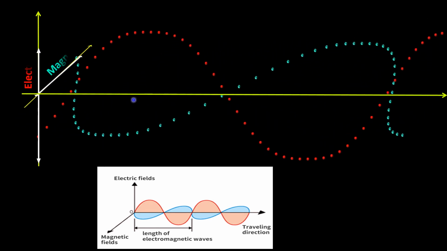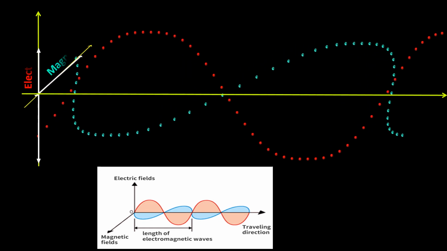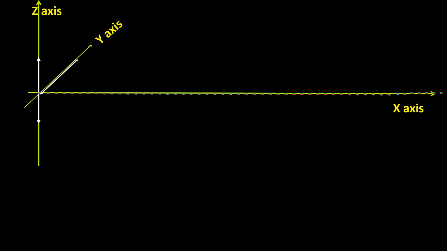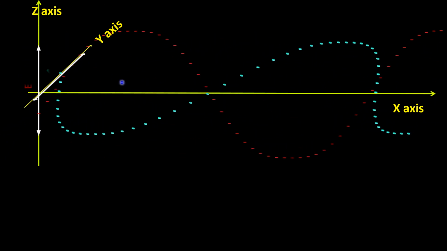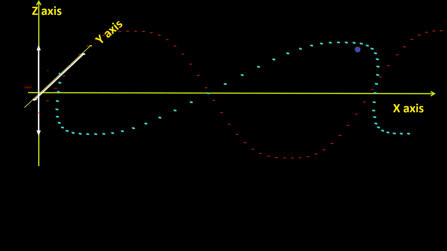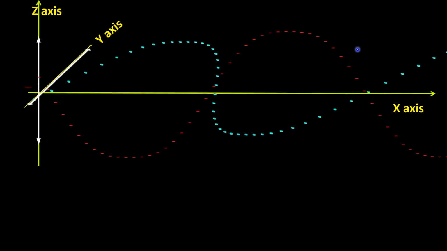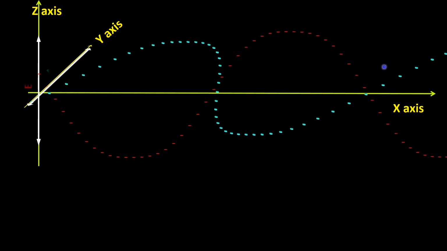And I will show you one more wave next. Here, one more example I am showing you. See here, the red part is the electric field variation, and the blue part is the magnetic field variation.